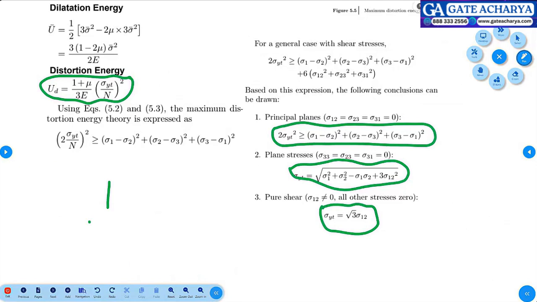Wherever you go in these static theories of failure, you will find one phenomenon: either a square term is coming or a multiplication term is coming. For example, you take this here. Square term.